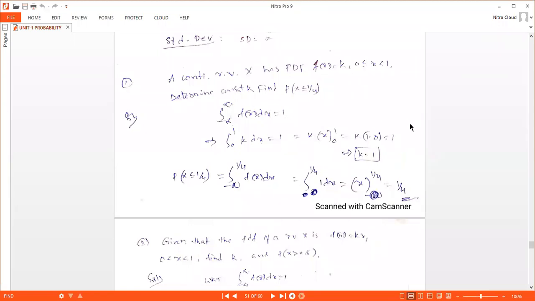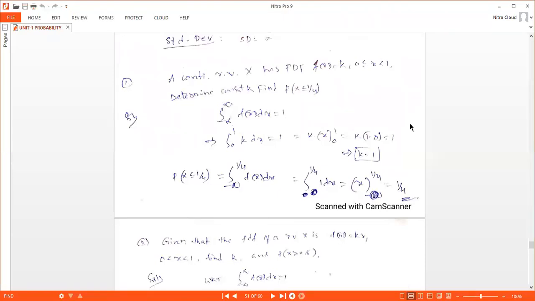But the function is defined in the interval 0 to 1, so we restrict minus infinity to infinity to 0 to 1. So the limits are 0 to 1, the function value k, dx. Equate that to 1. Taking k common, the integral of 1 is x within the limits 0 to 1. So k into 1, that is 1. So the k value is 1.